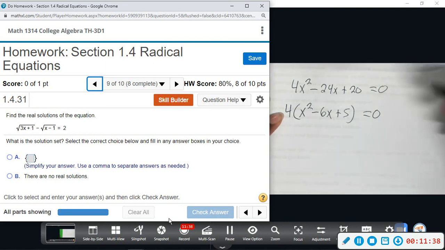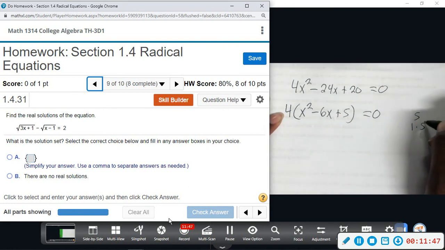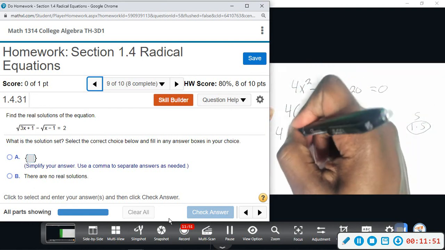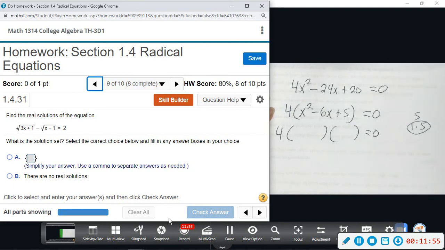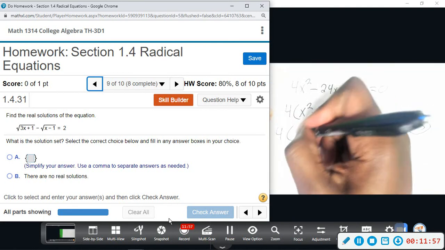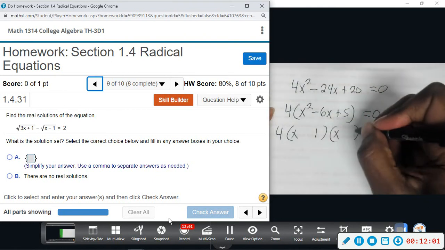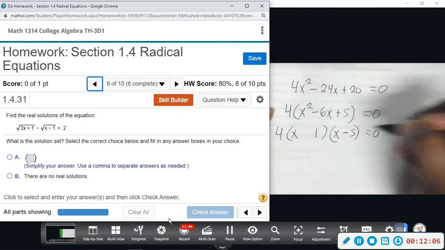1 times 5 gives us 5. Factors of 5 are 1 and 5. We would have to add to get 6, and these guys do add to give us 6. Alright, so we get 4, 2 sets of parentheses equals 0. And then we have x in each, the 1 and the 5 that we found. The first sign is the bigger number, so 5 will be negative.